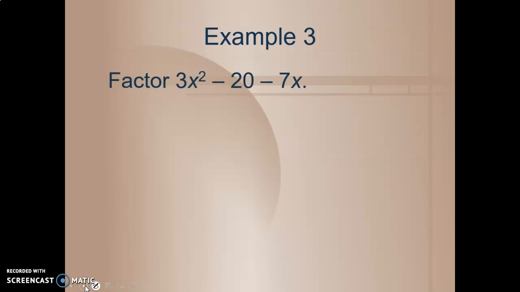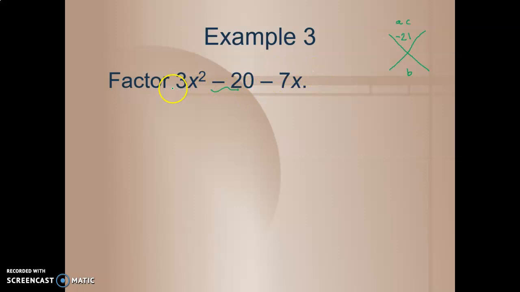For example 3, I'm going to show you a different technique or a different organization method, if you will. Some people prefer to use an x. And in the x, they write their a times c up here and their b down here. So our a times c, 3 times negative 7 is negative 21. And our b term, oh, I just realized I made a mistake here.